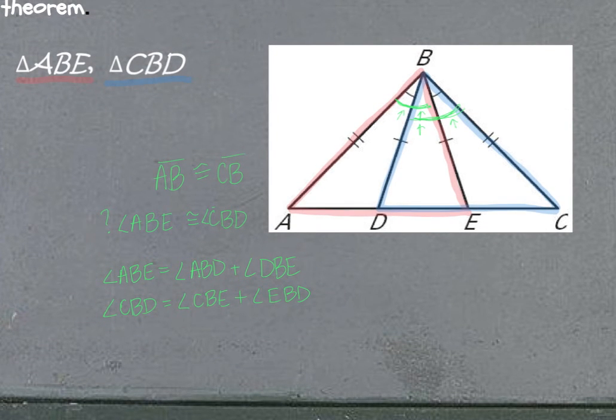So now let's rewrite this. We want to prove that angle ABD plus angle DBE is congruent to angle CBE plus angle EBD.